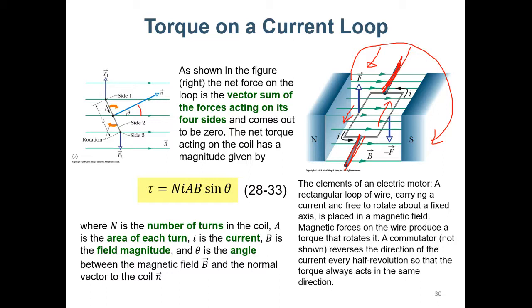So in this case, we have F1, which is this one, and also we have F3, which is this one. Actually, they are the same in magnitude, but the direction is opposite. For the torque, we know that it should be equal to the length here times the force. The magnitude of the force is the torque.